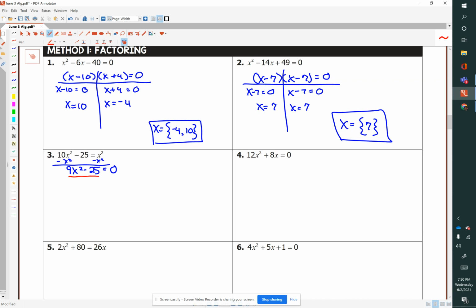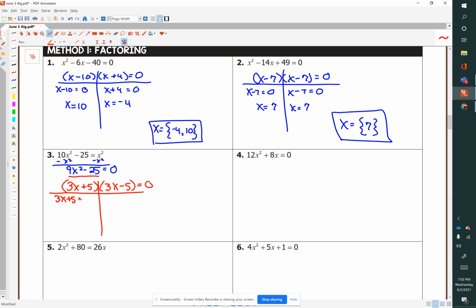With a difference of squares, the square root of 9x squared is 3x, and the square root of 25 is 5. So we just write 3x plus 5, remember this, and 3x minus 5 equals 0. And we solve both of those.